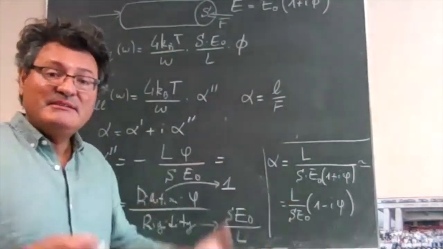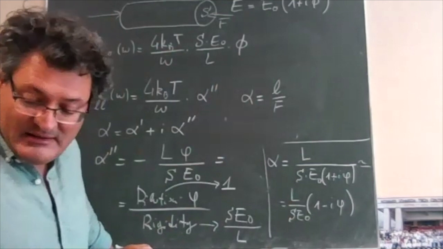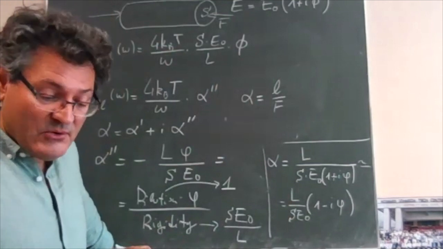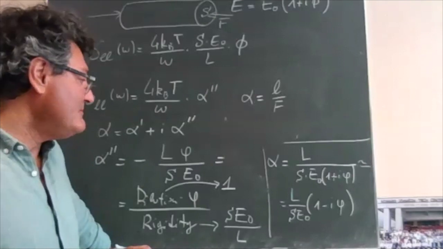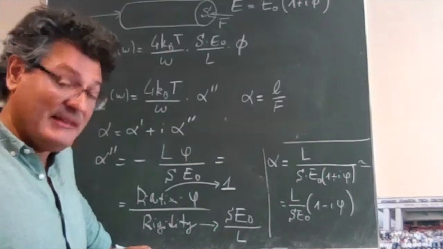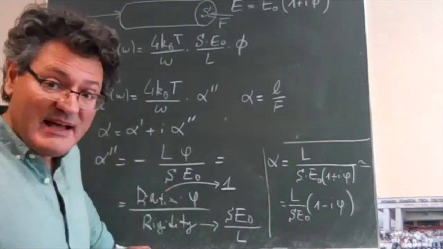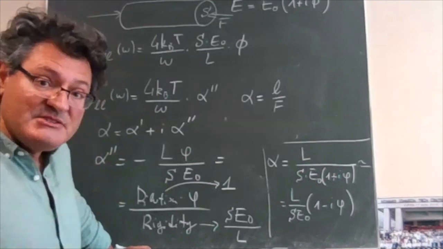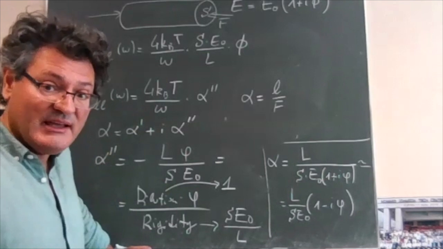So here the sign depends on the convention that we adopt for the Fourier transform, okay? And then there is another requirement that is really important: after one cycle, the energy can only be dissipated and not created, okay?